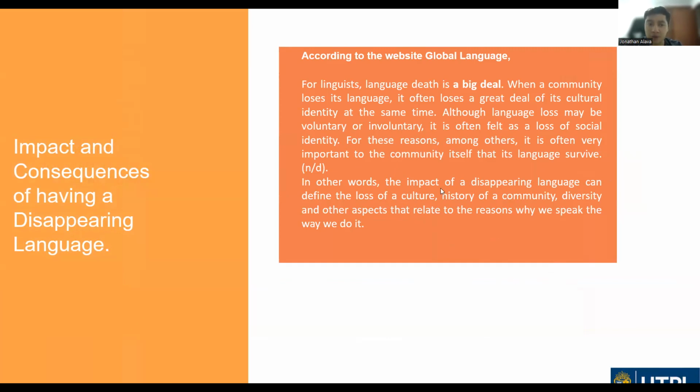For these reasons, among others, it is often very important to the community itself that its language survive. In other words, the impact of a disappearing language can mean the loss of a culture, the history of a community, diversity, even the background of it, and other aspects that relate to the reasons why we speak the way we do now at present.